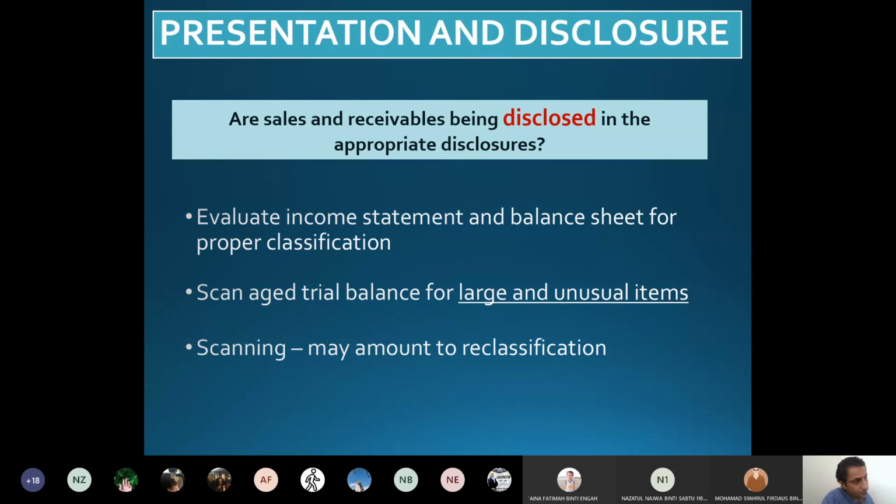Then we have billing and recording, then cash receipt collection, then sales returns and allowances, then write-off of the transaction. So these are the functions.